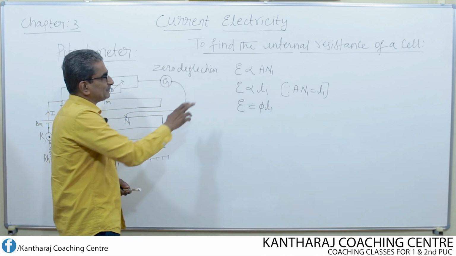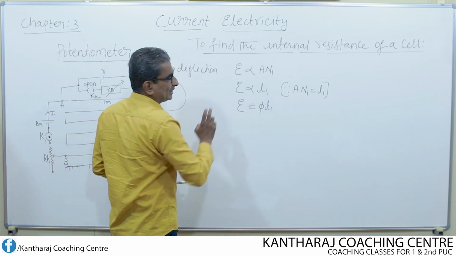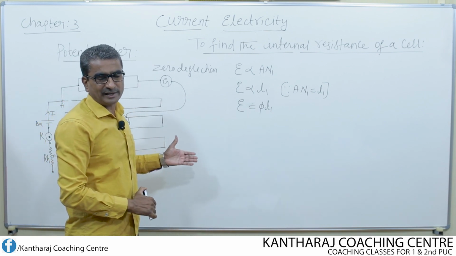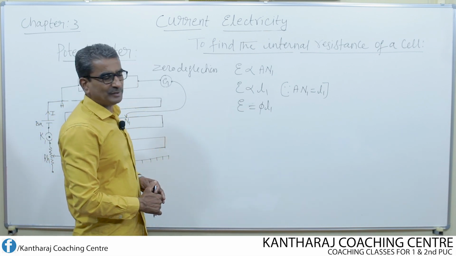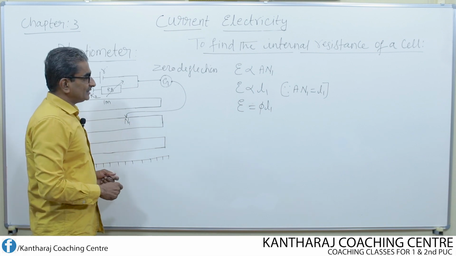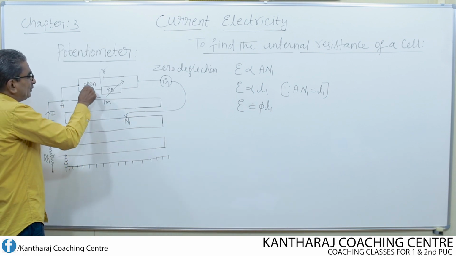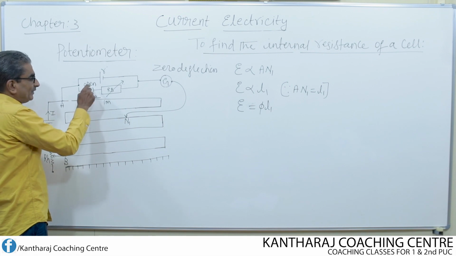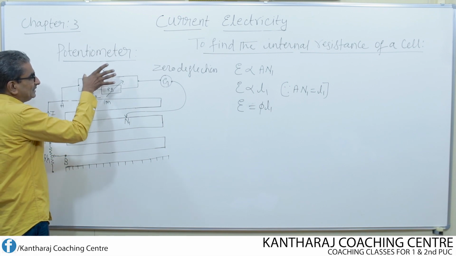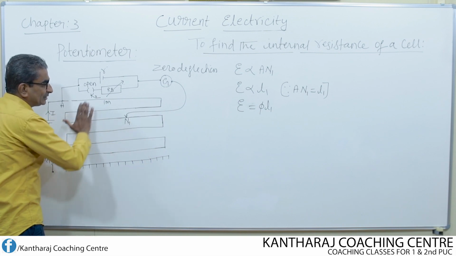That means the potential difference is directly proportional to the length of the wire. That is the principle of potentiometer. Next, if K2 is kept open, then this cell does not get introduced into the circuit.